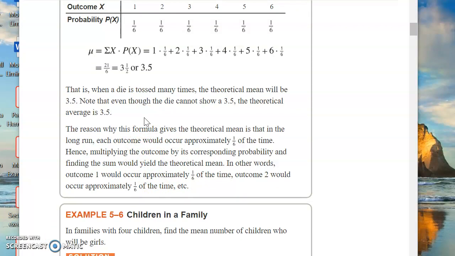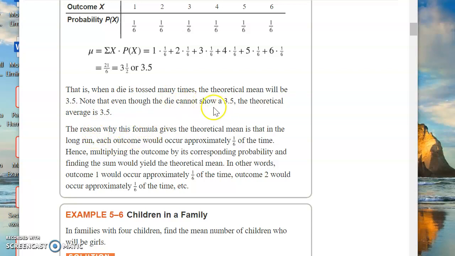You should not be concerned about the fact that the mean is a number that cannot really occur. Perhaps you've heard this expression before. They'll say the average family has 2.3 kids or something of that sort. Well, you can't have 2.3 kids, but that's the concept. That's the mean. That's the average number of kids.